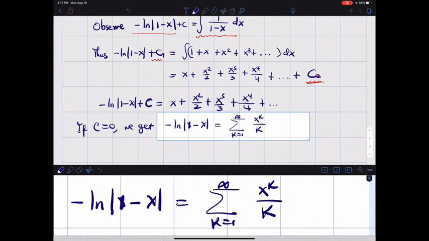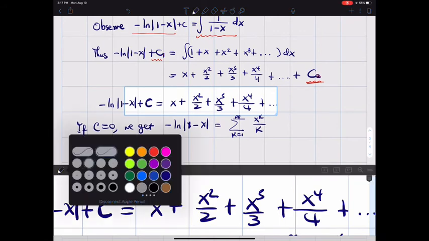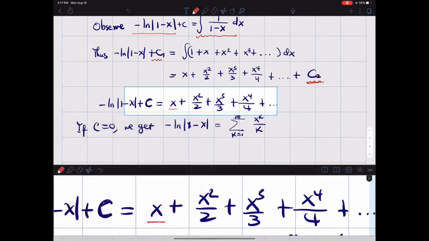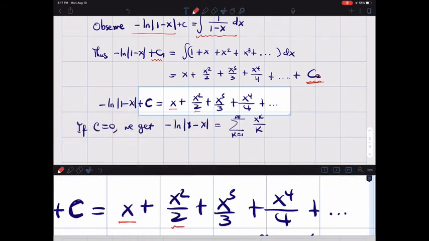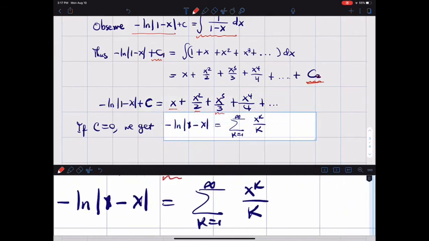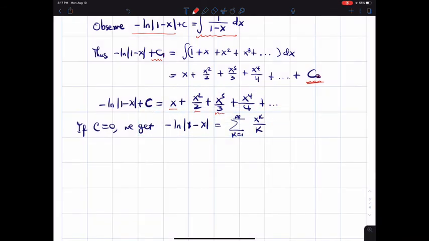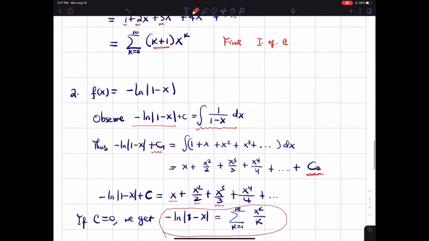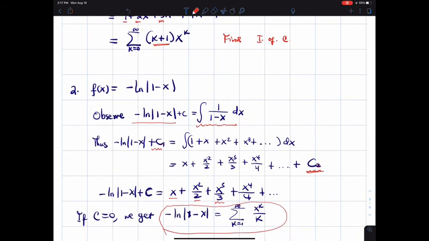So that's what we have. This is x to the power of 1 over 1, x to the power of 2 over 2, x to the power of 3 over 3, and so forth. So this is our series representation of the function minus natural log of 1 minus x.